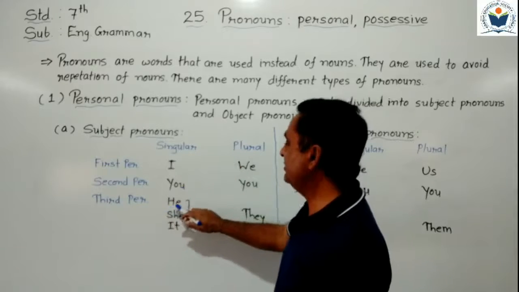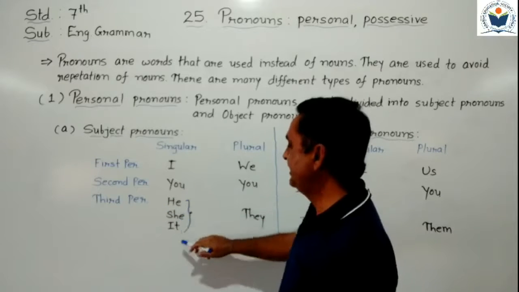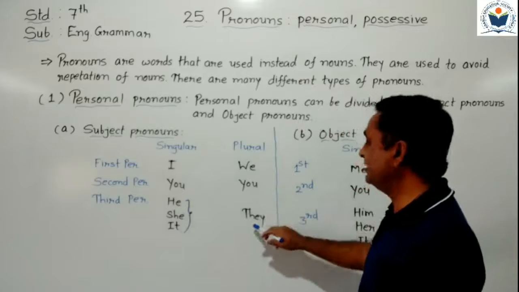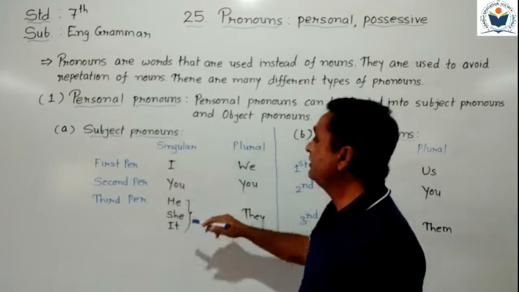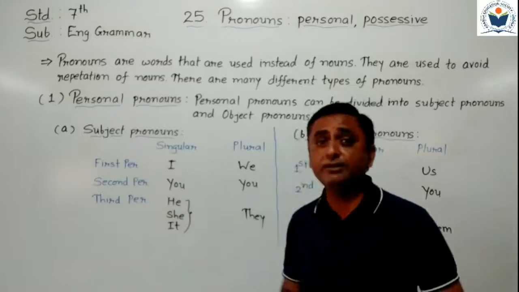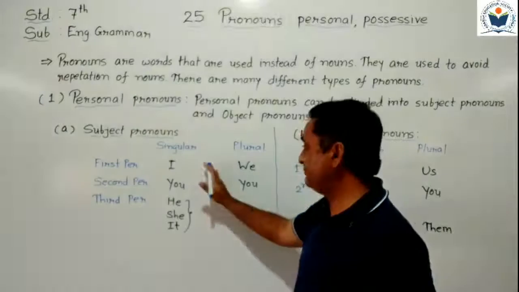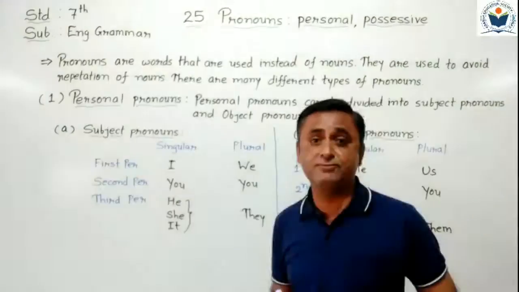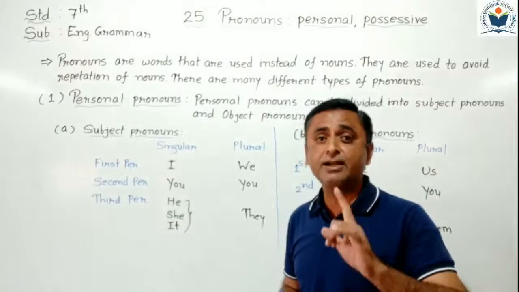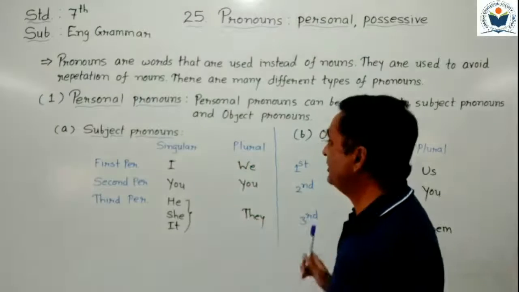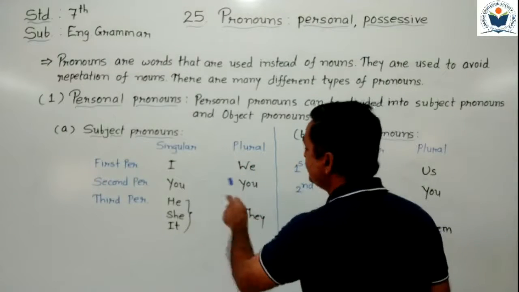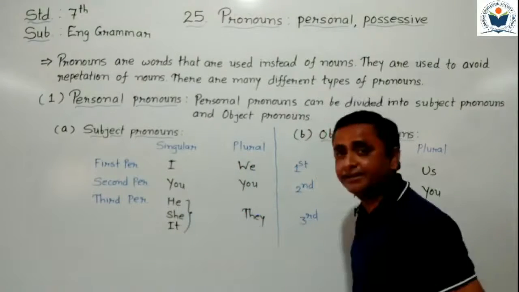Third person singular he, she, it and third person plural is they. So all are connected with the subject pronoun. We can put that type of pronoun in the place of a subject. जब हम सब्जेक्ट पे कोई प्रोनाउन लगाते हैं तभी हमें ये सब्जेक्ट प्रोनाउन लगाने पड़ते हैं. I, you, he, she, it and that.